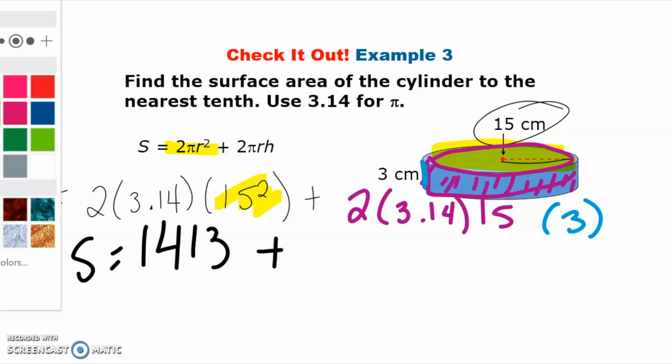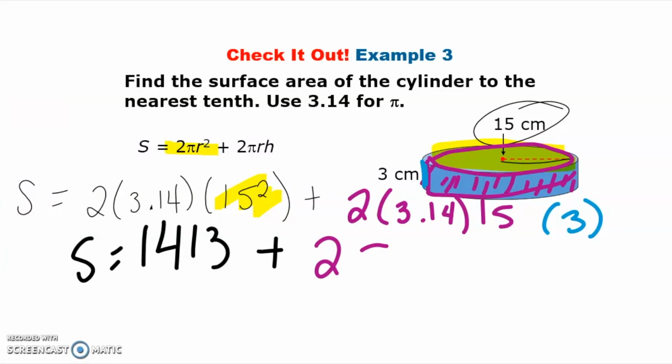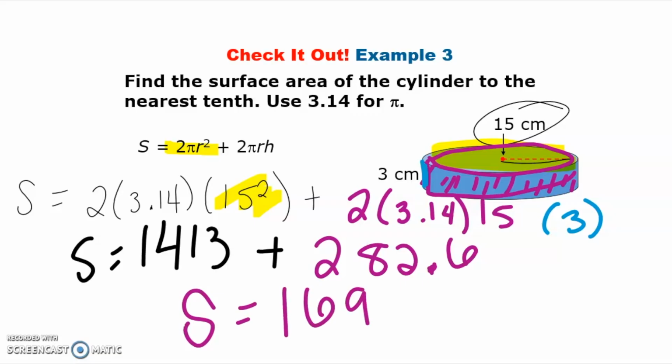And so we're going to multiply 3.14 times 2 times 15 times 3. And that gives us 282.6. And then finally, we just need to add those two areas together, and our total surface area is 1,695.6. And our units are square centimeters.